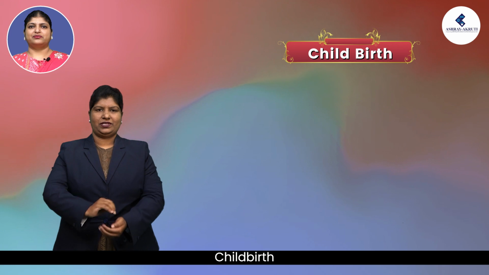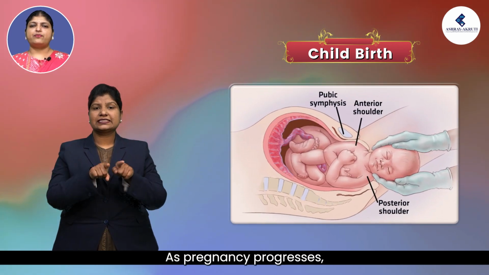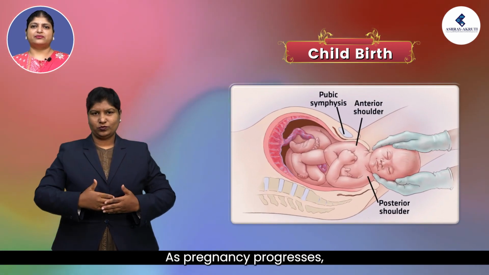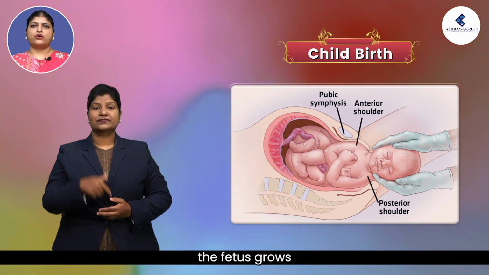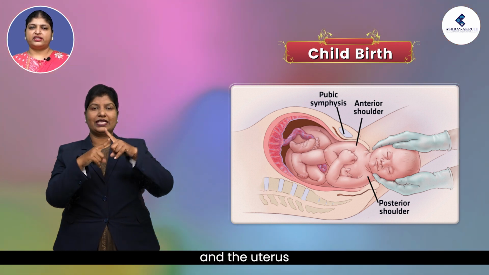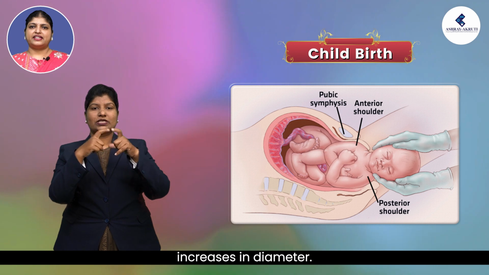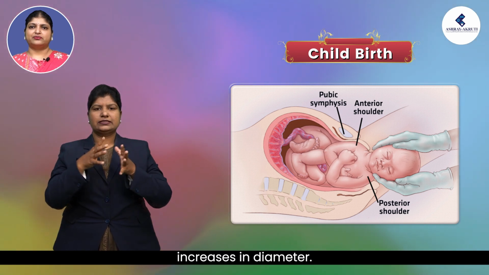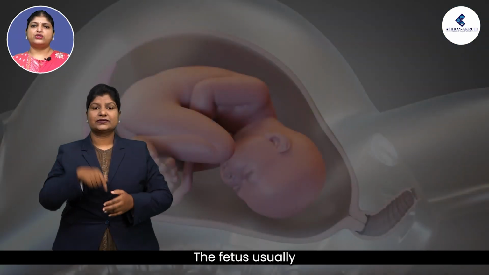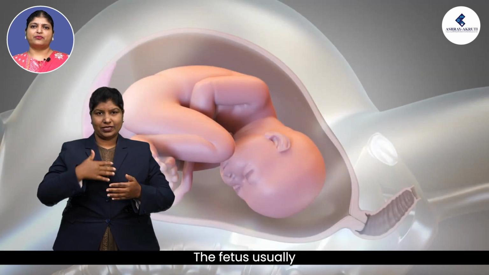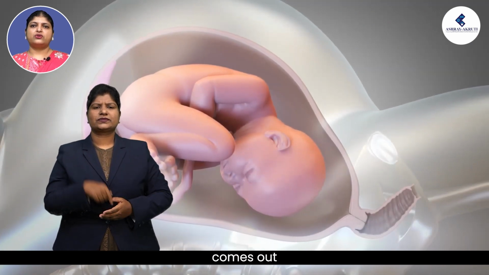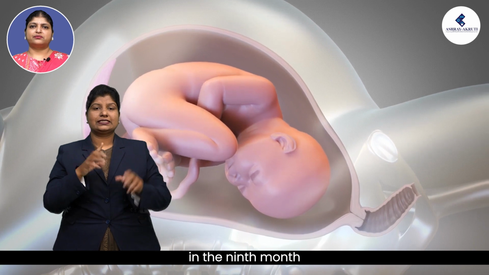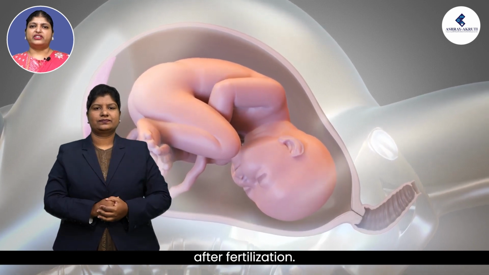Childbirth. As pregnancy progresses, the fetus grows and the uterus increases in diameter. The fetus usually comes out in the 9th month after fertilization.